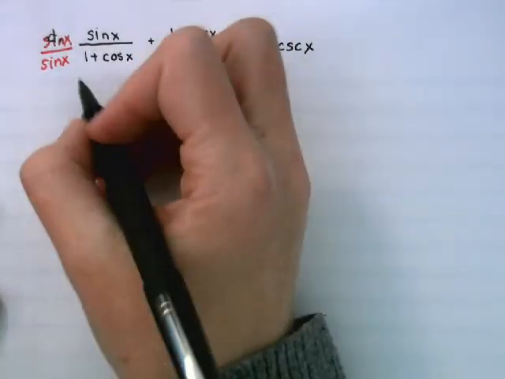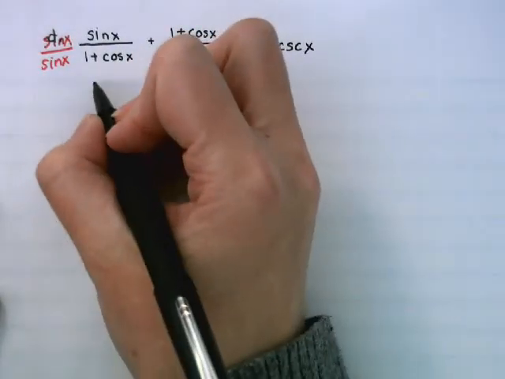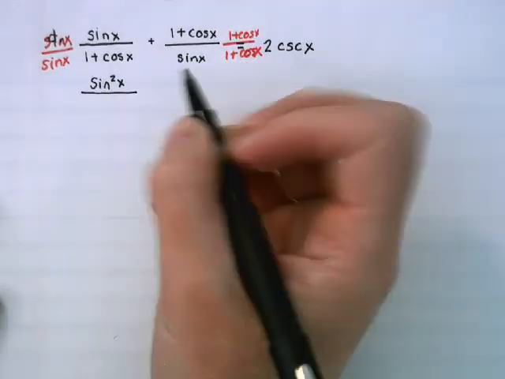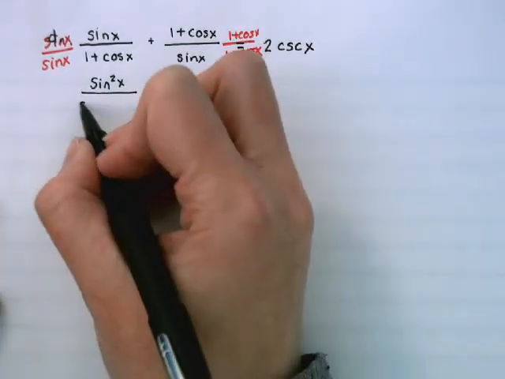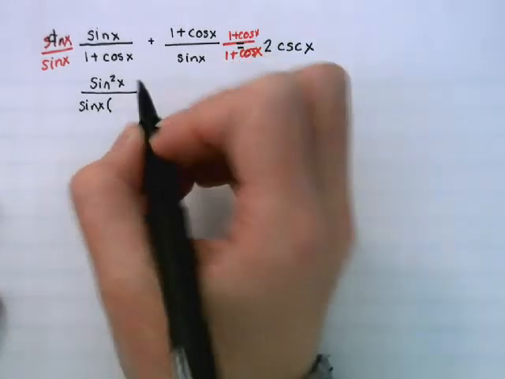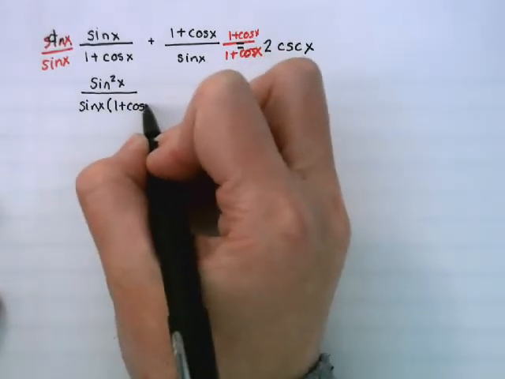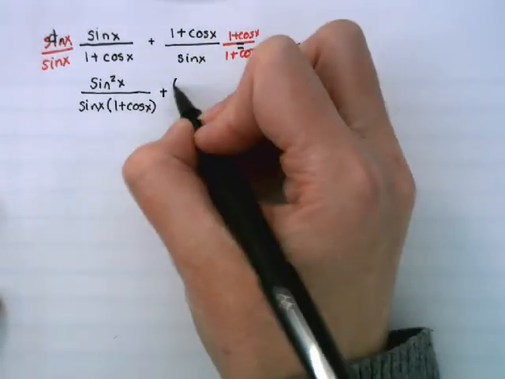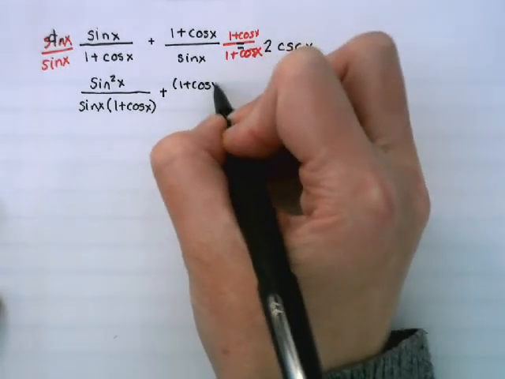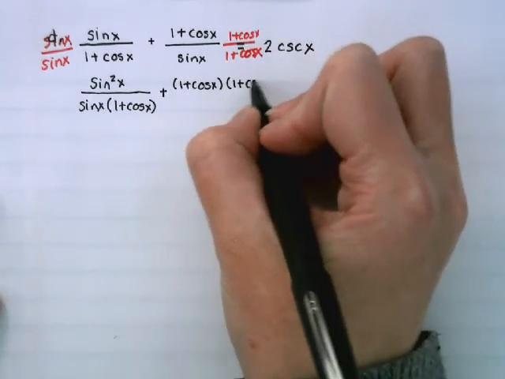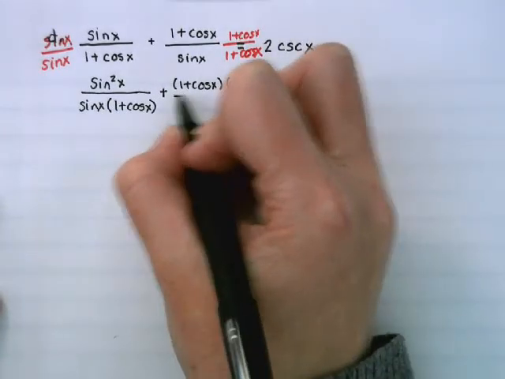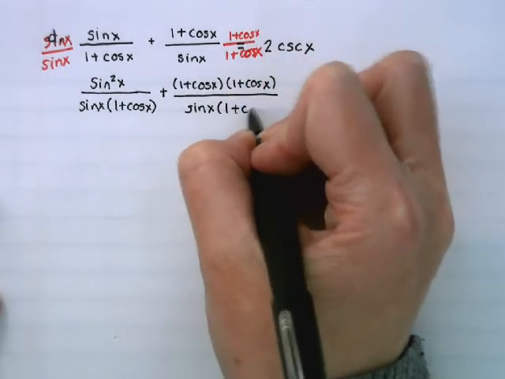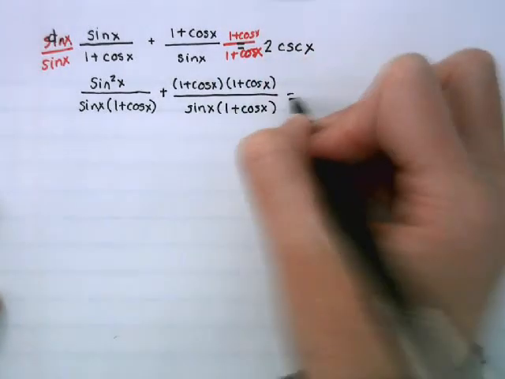So here we're going to have a sine squared x. My denominator is going to be sine of x times 1 plus cosine of x. Here we're going to have 1 plus cosine of x, 1 plus cosine of x over sine x, 1 plus cosine of x.